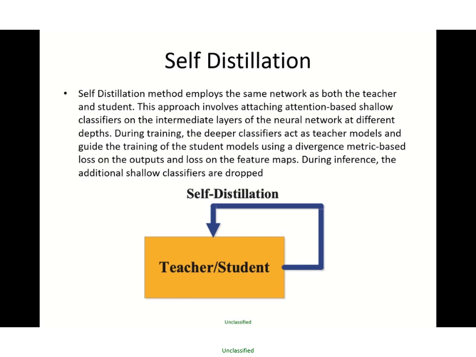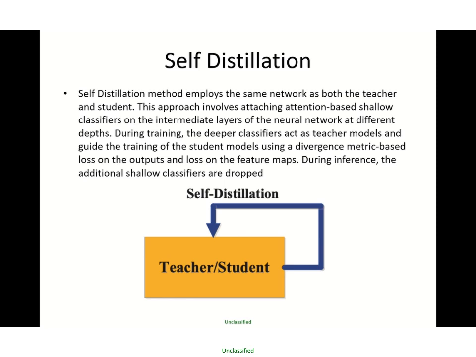During training, the deeper classifiers act as teacher modules and guide the training of student modules using the divergence metric-based loss on the outputs and loss of the feature maps. During inference, the additional shallow classifiers are dropped.